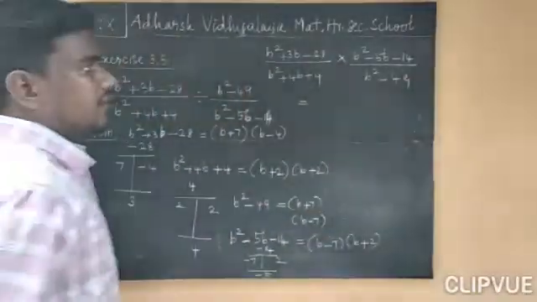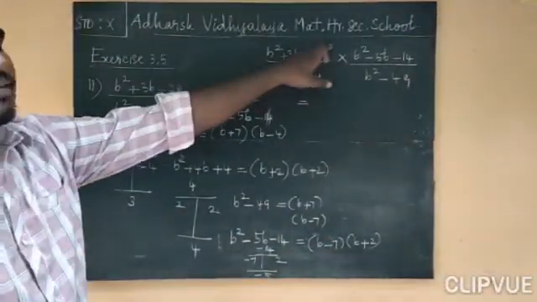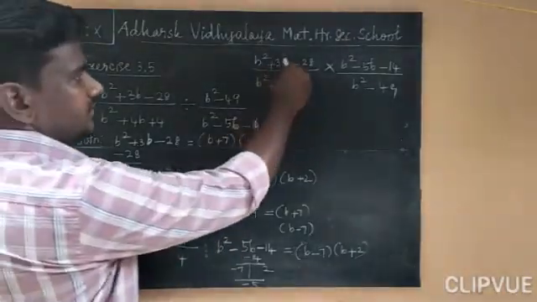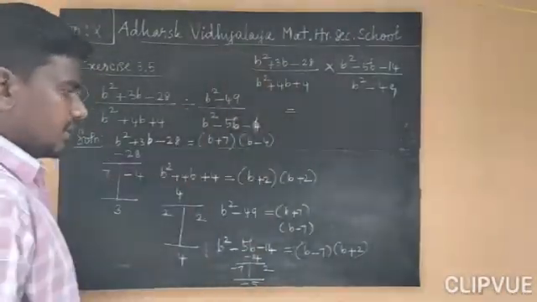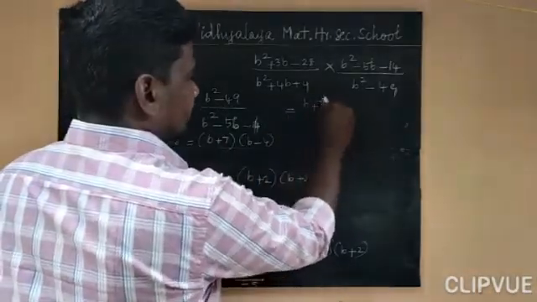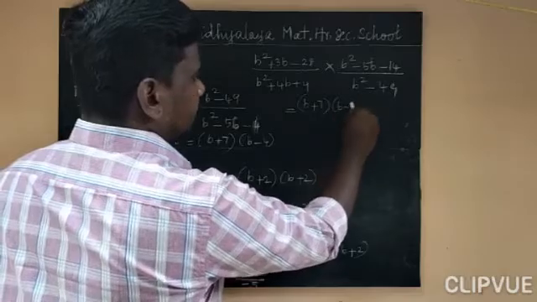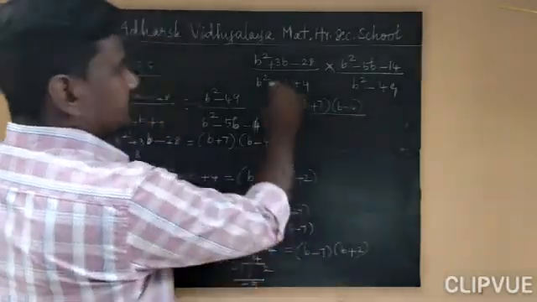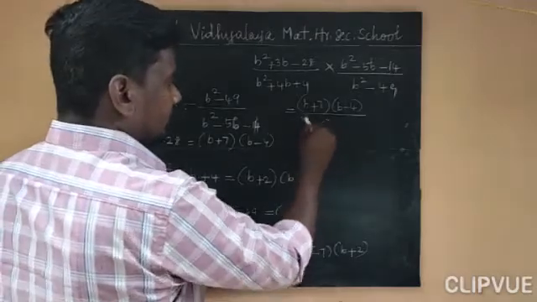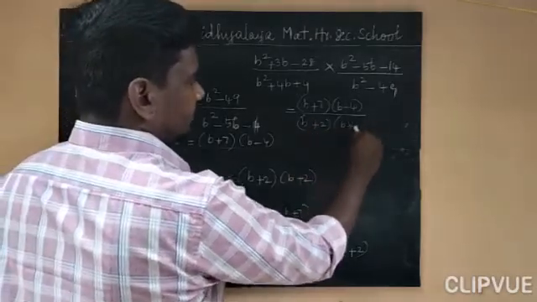Now we can replace. So first, b square plus 3b minus 28. What is its expansion? We write the factors first. The first quadratic polynomial's factors are b plus 7 into b minus 4, divided by this quadratic polynomial's factors, b plus 2 into b plus 2.